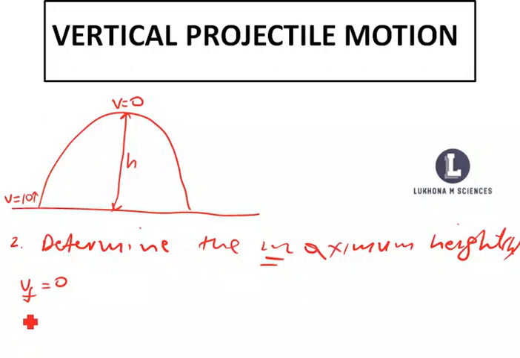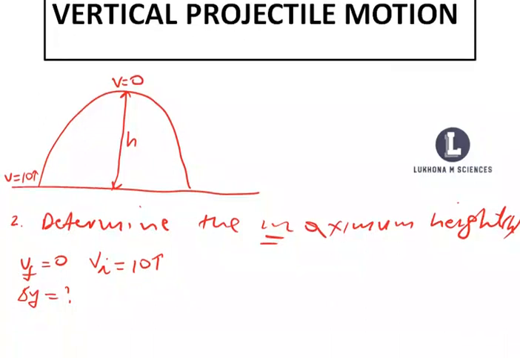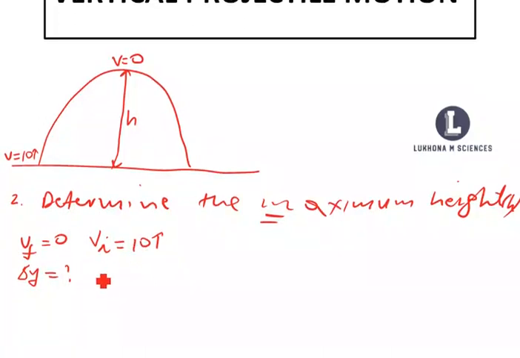Then the height on the equation of motion is represented by dy. The height is what we're looking for. Then the initial velocity is 10 upwards. So this is what we have. Then we always know that the acceleration is 9.8 downwards.